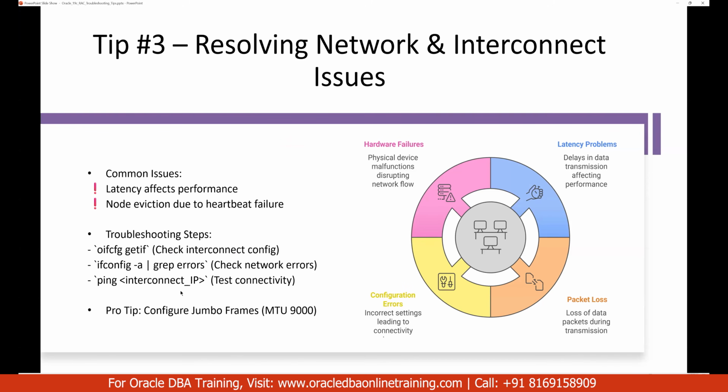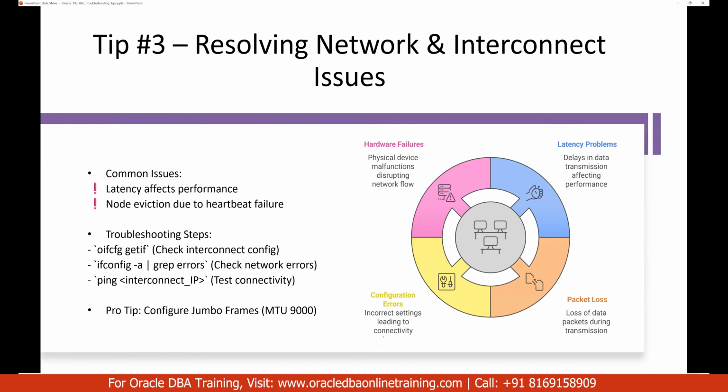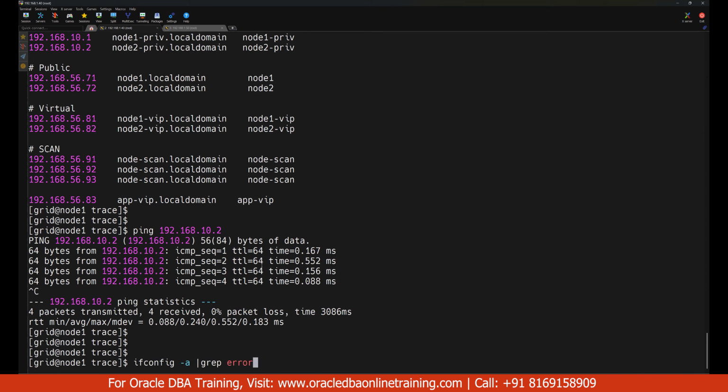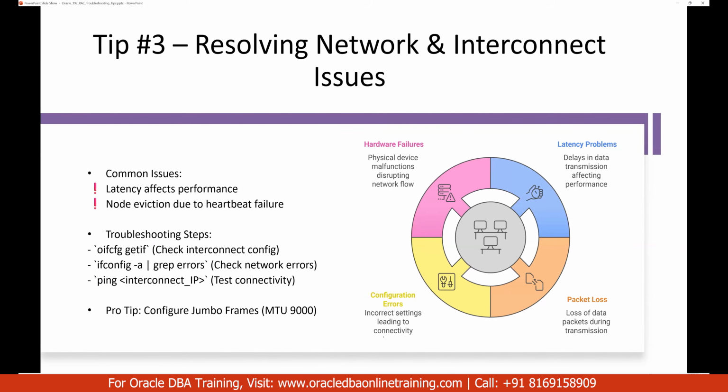Also, you can run the ifconfig command with -a and look for any errors. For example, we are on node 1 and we can run ifconfig -a with grep. If any errors are there, they will be listed here, and accordingly you need to do the troubleshooting.